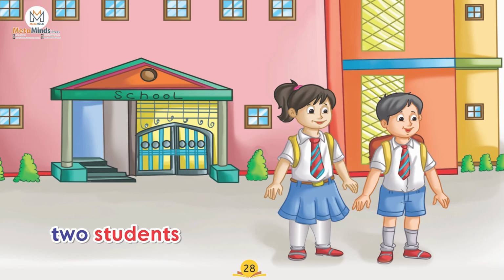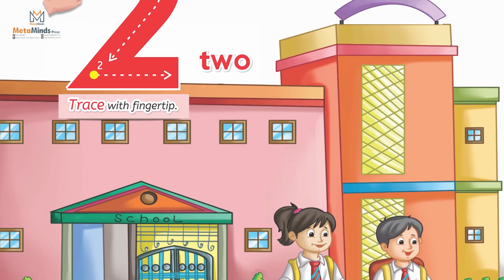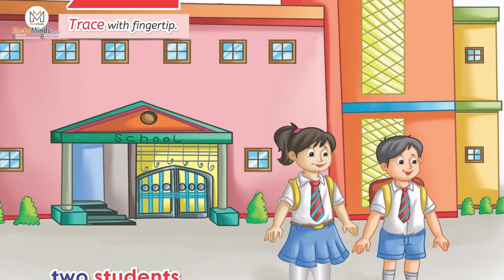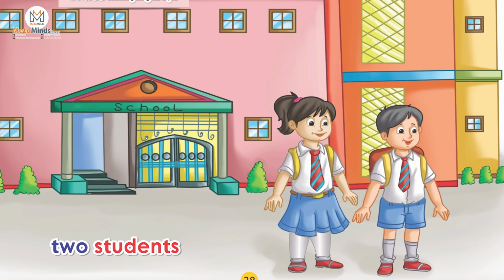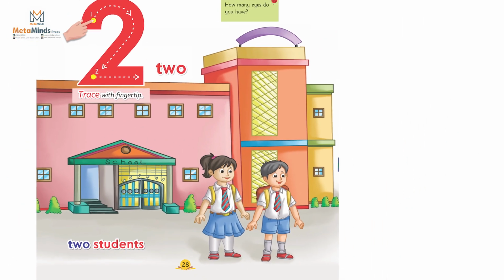Can you see them? There are 2 students, 1 boy and 1 girl. And can you tell me which building this is? Yes, it is a school, just like you come to school every day.